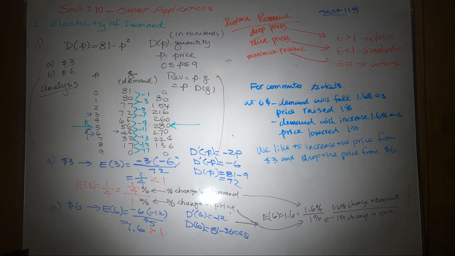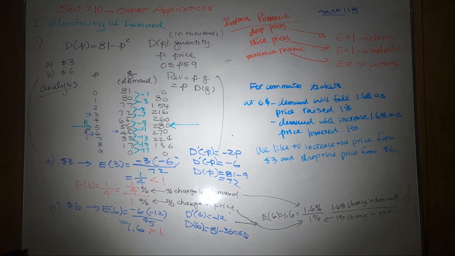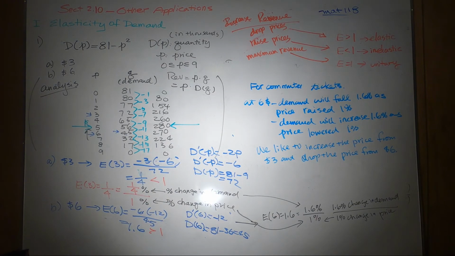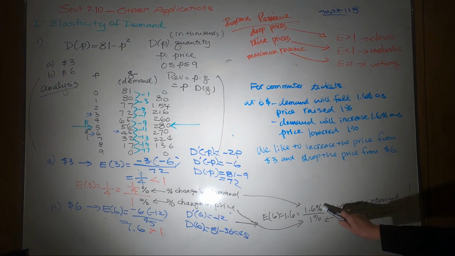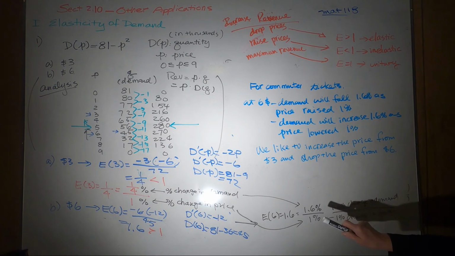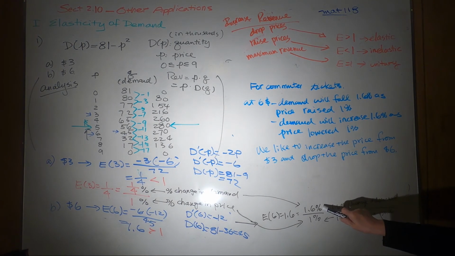Say, if the price increased by 1%, the demand will decrease. It's opposite, right? Demand will decrease as this. So increase 1%, demand will decrease.